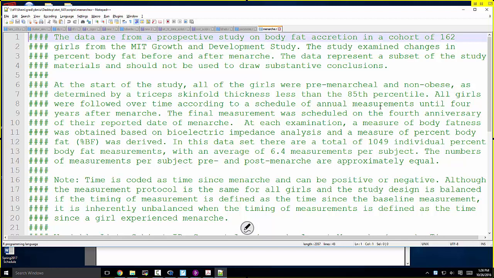We're interested in a time course: changes in percent body fat before and after menarche. Menarche is when the menstrual cycle begins for these girls for the first time.